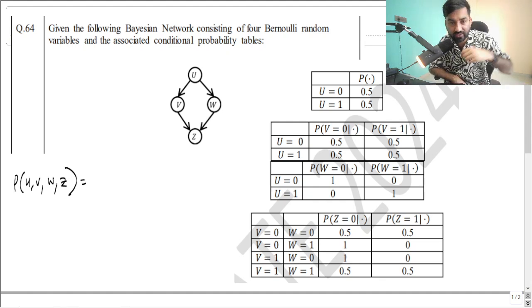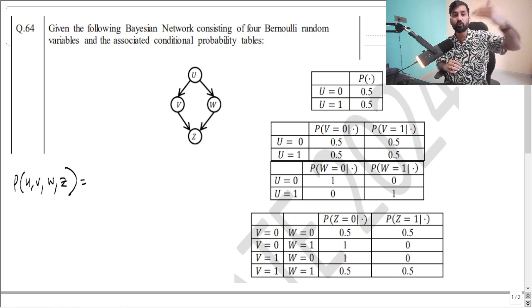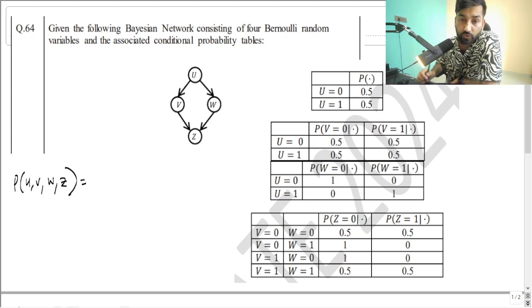You see, this network is acyclic. Acyclic means there is no cycle at all; you can't go back. You are coming from U to V, so your V should come after U only. Remember that: U, then V, then W, then G.